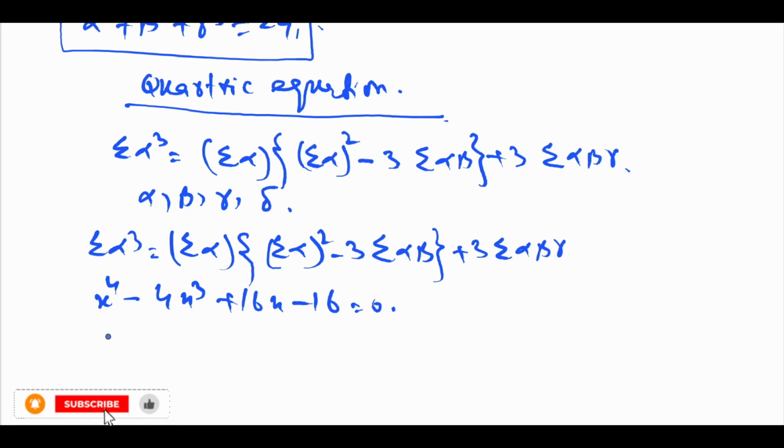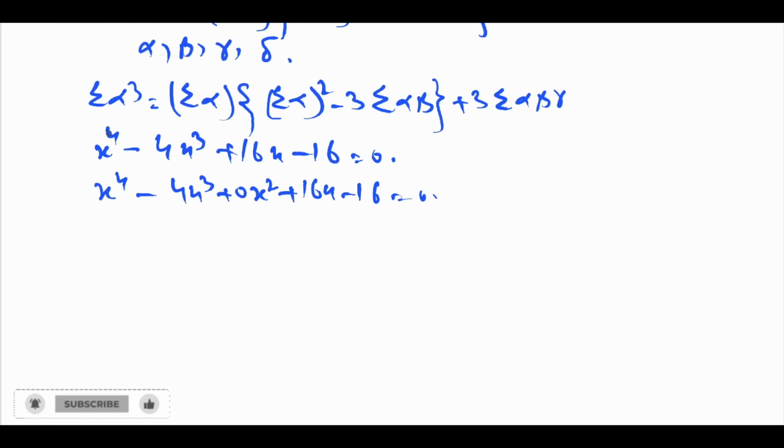Here x squared is missing, so I can write x to the power 4 minus 4x cubed plus 0x squared plus 16x minus 16 equal to 0. I can assign a equal to 1, b minus 4, c 0, d 16 and e minus 16. Sigma alpha will be minus b, so it is 4.